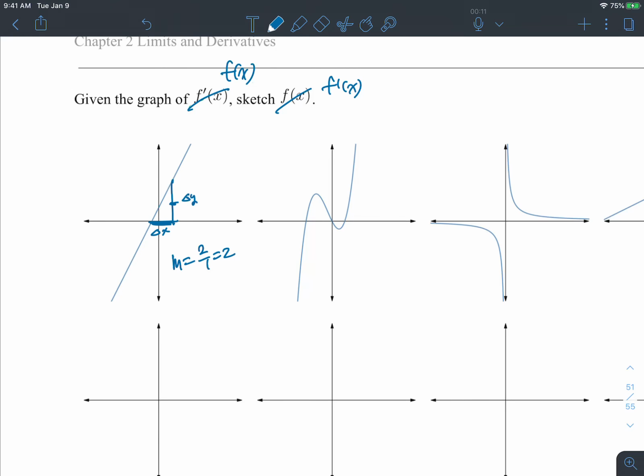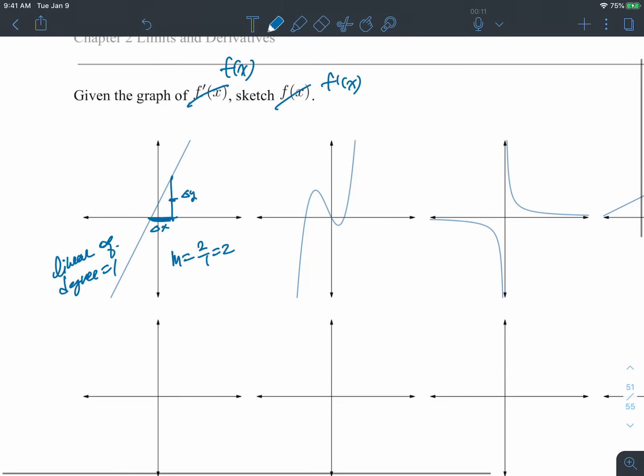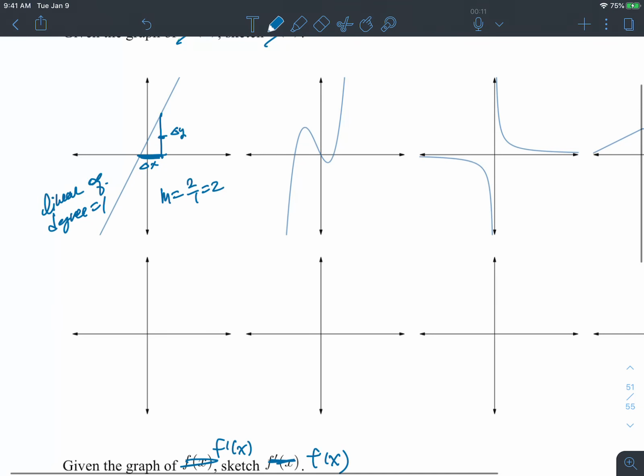That's our best estimate. And this one over here is a linear equation. If it's a polynomial, it will have degree 1. And my slope will be 2. You go 1, 2. There you go.